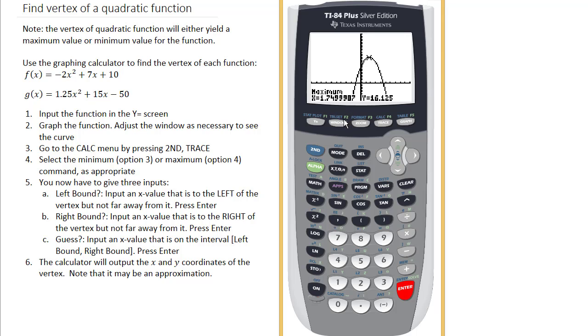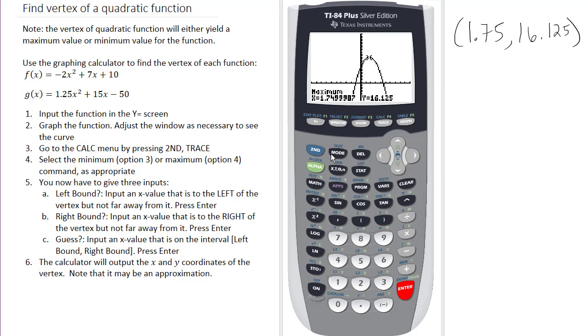I think that probably means 1.75. And then the y coordinate of the vertex is 16.125.